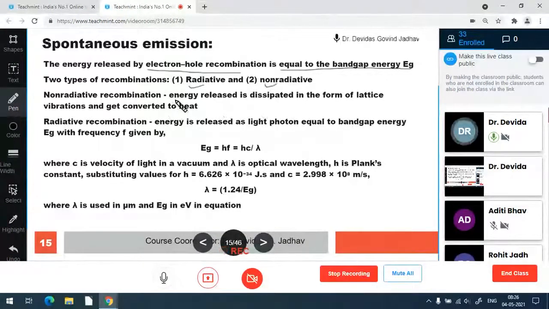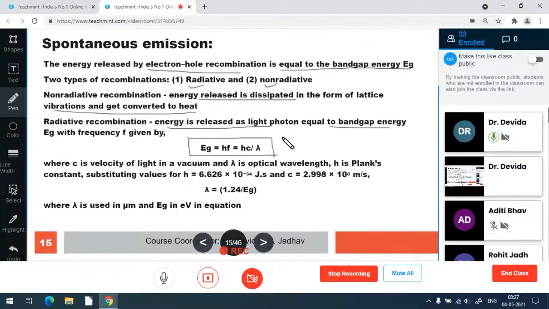In non-radiative recombination, the energy released is dissipated in the form of lattice vibration and gets converted into heat. In radiative recombination, energy is released as a light photon equal to the band gap energy, and it is given as Eg equal to hf equal to hc upon lambda. We have seen this many times, and we have used this equation for solving problems. Here c is the velocity of light in vacuum, lambda is the optical wavelength, h is Planck's constant.